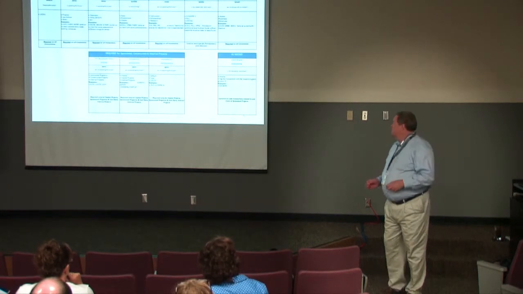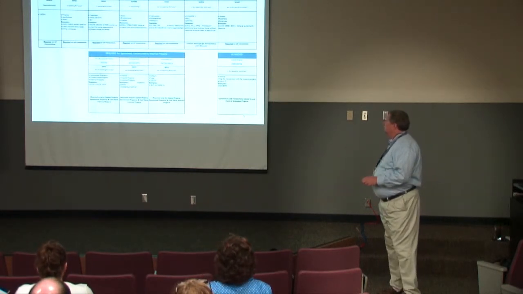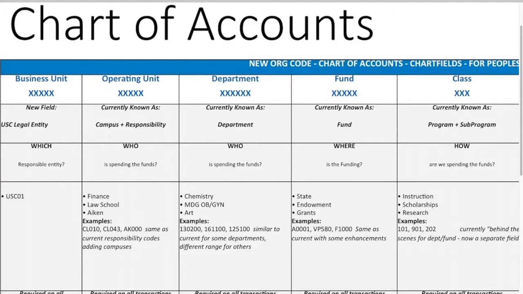Okay? First field is business unit. And there's only one, in this area of the column, tells you what the value is. There's only one value, USC 01. So every campus is USC 01. That'll be pre-populated on everybody's drop down when they log in because there's only one value.